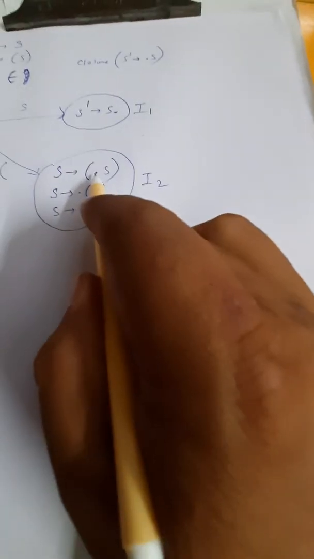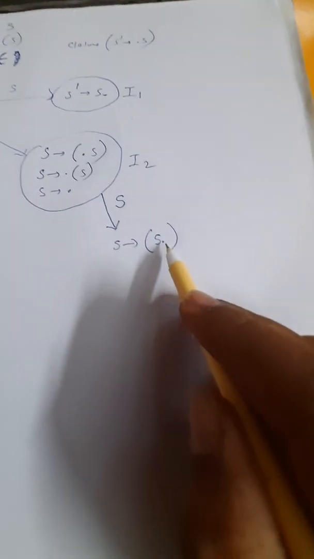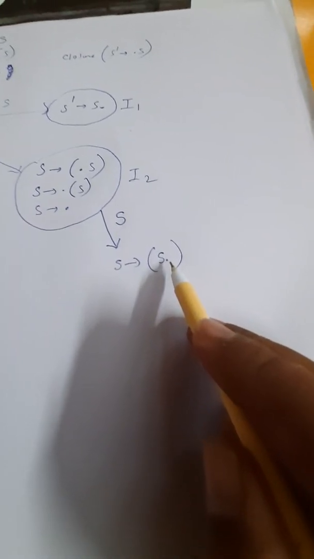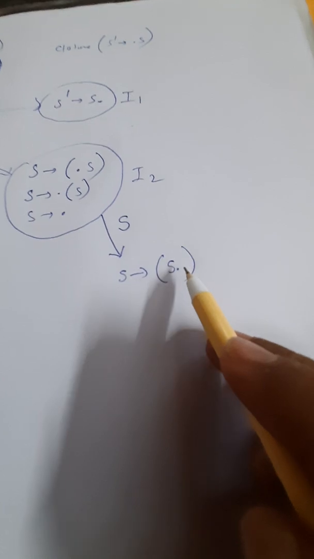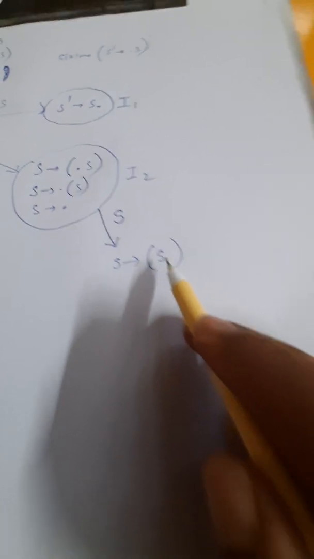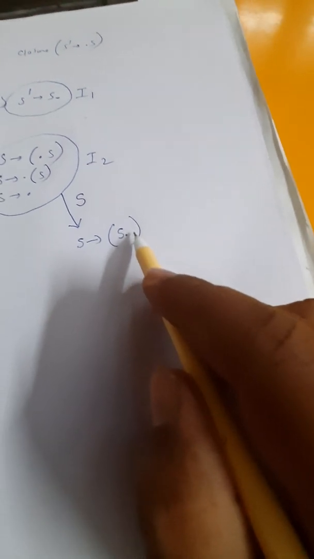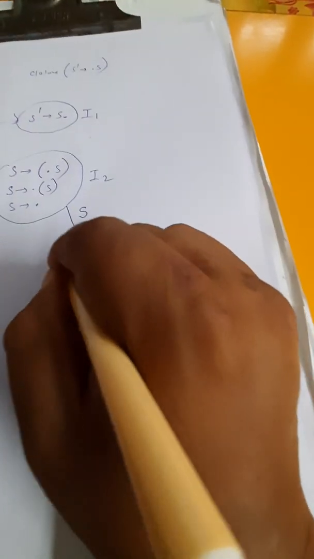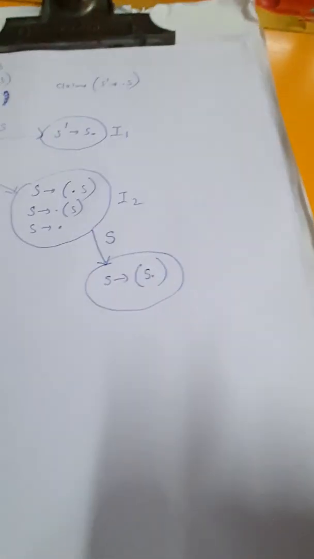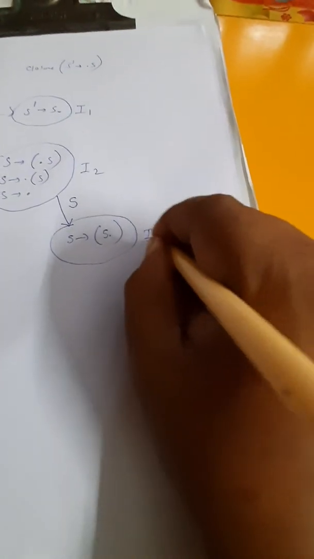So dot was preceded by S, now S dot is followed by the S. So closure of this is only itself, because here after dot there is closed brace and nothing could be produced by closed brace as it is the terminal. So let's give the name I3.